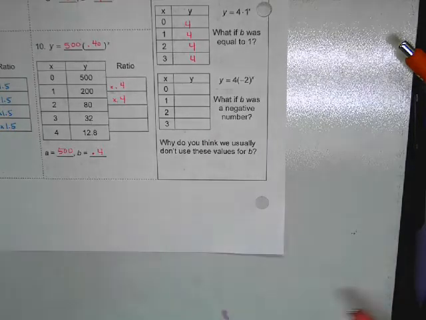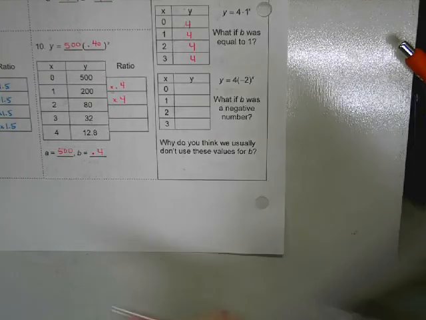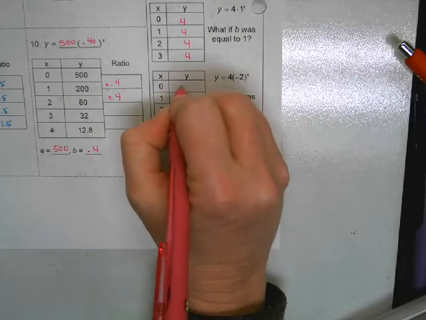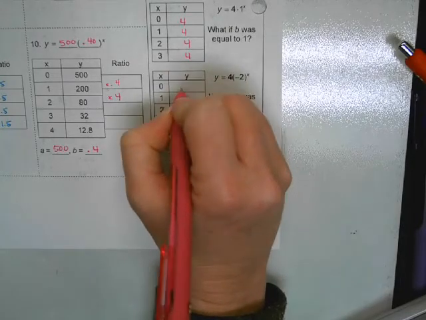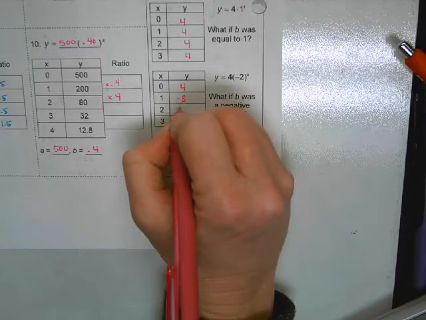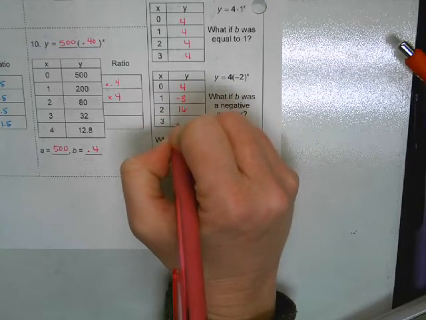And then if you do the same thing with the negative value, it switches. It oscillates because of negative and positive. True. All right, so if you plug this in, it goes back and forth from a negative to a positive to a negative to a positive to a negative.